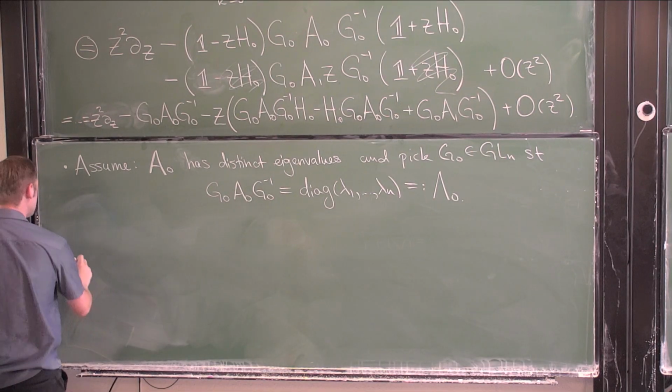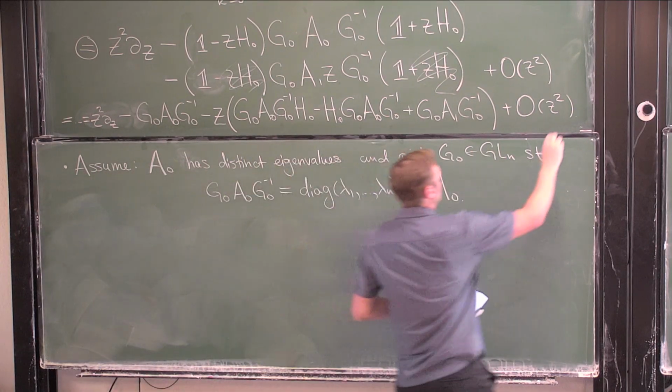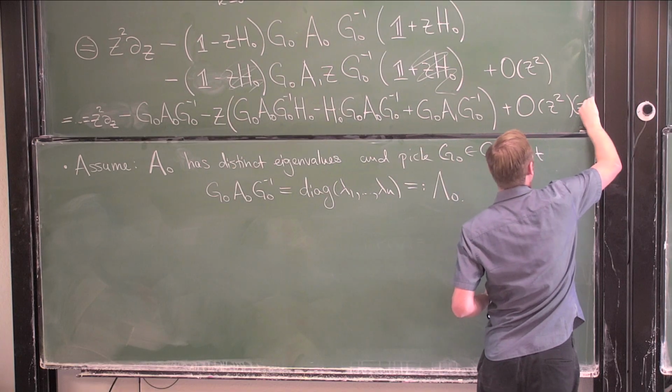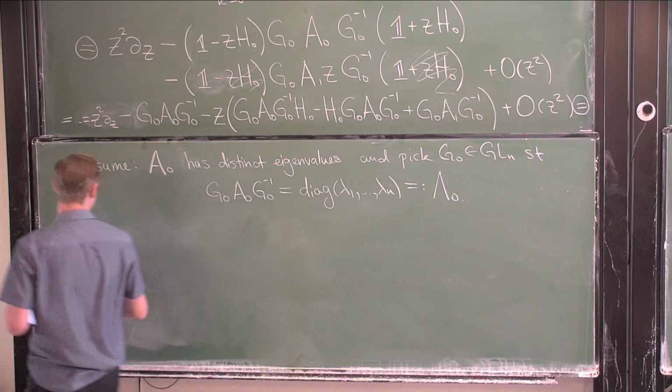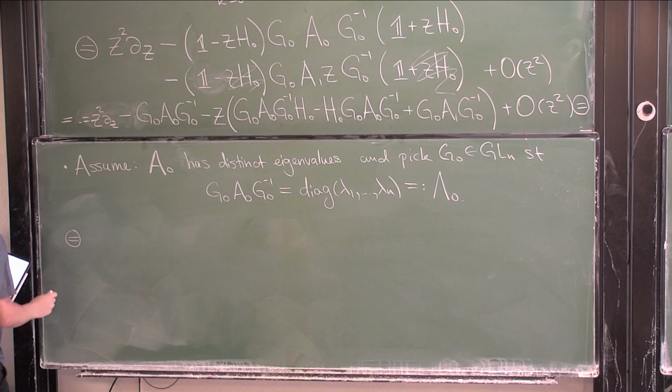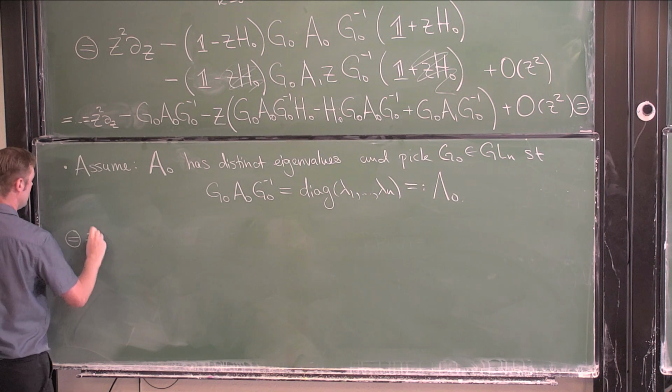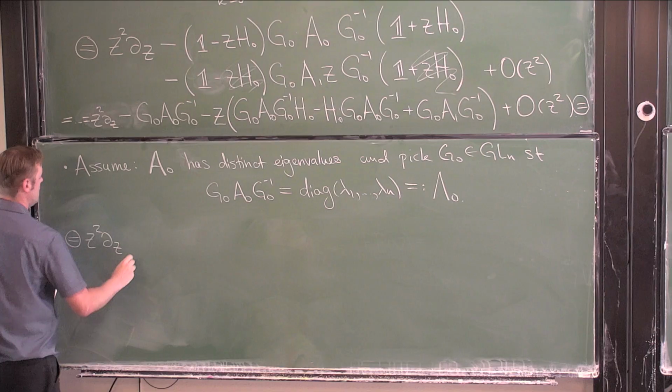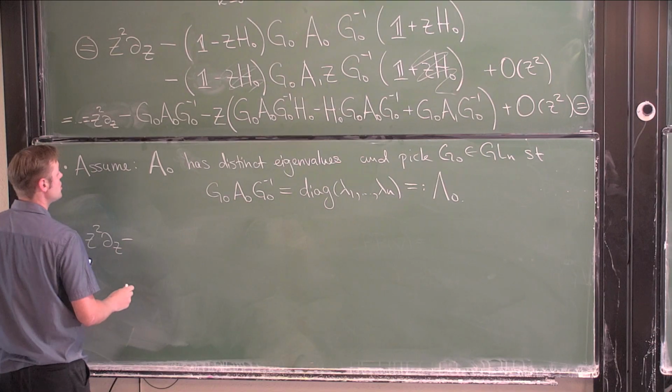So with this assumption, this expression becomes more legible. I can now ignore basically all G naughts.